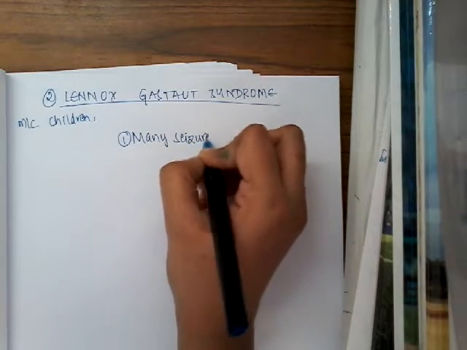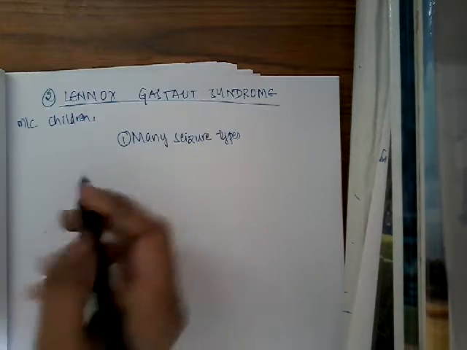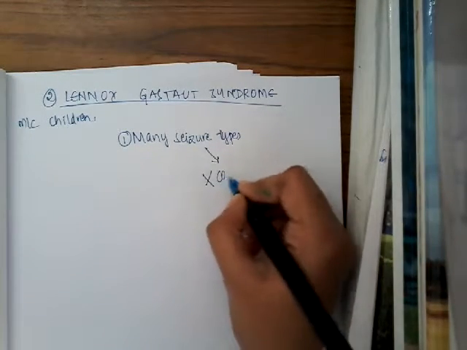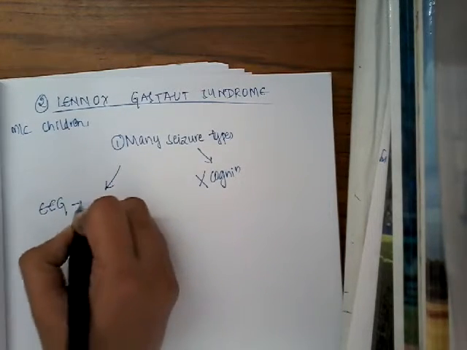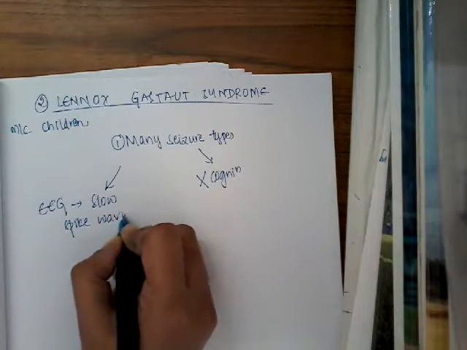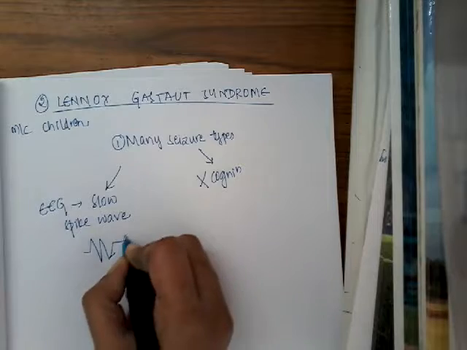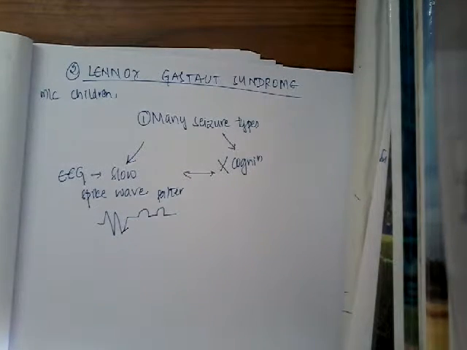It can be generalized tonic-clonic seizures, atonic seizures, atypical absence seizures, or typical absence seizures. Number two, there is impaired cognition. Number three, on EEG they show a slow spike-and-wave pattern. If the person has this triad, then it is called Lennox-Gastaut syndrome.